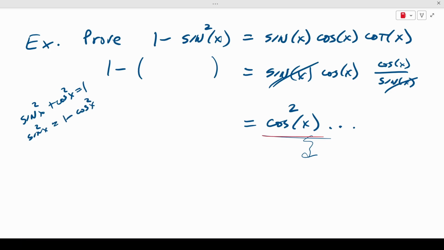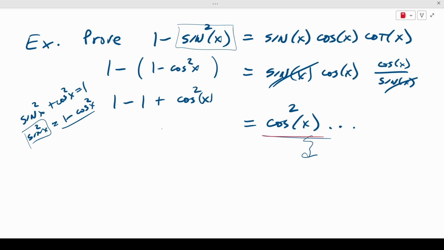Let's suppose that that's what I remember. And so I'm going to replace sine x squared with 1 minus cos x squared, like that. That's my next step. And then I'm getting close. I know I'm going to distribute this negative sign. So I get 1 minus 1 plus cos x squared. And I'm like, okay, eureka, I've got it. Because 1 minus 1 is 0. So this equals cos x squared. And now my two sides are equal.